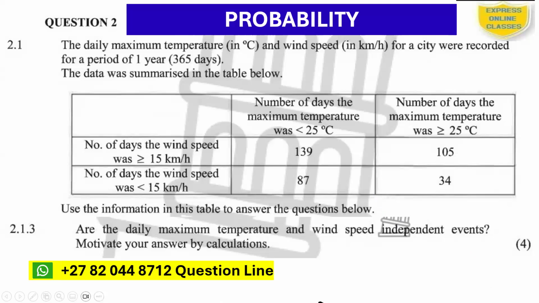Then we'll discuss exactly what needs to happen here. So we continue.